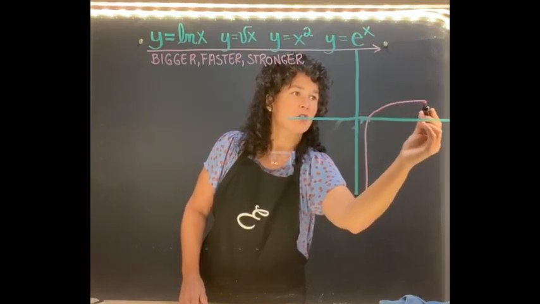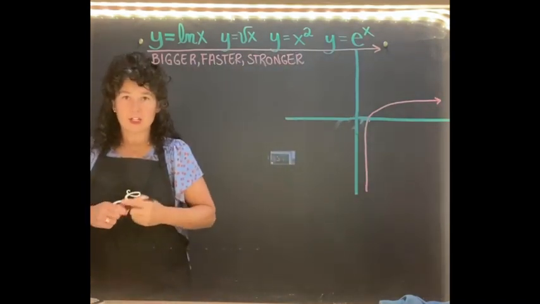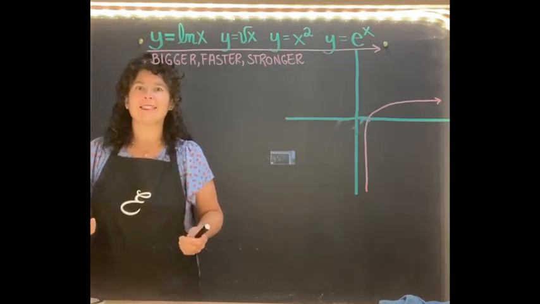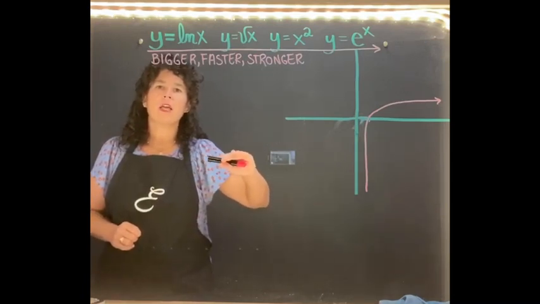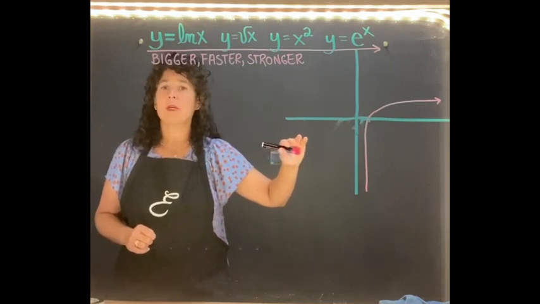But as they curve over, they grow very, very slowly. I think of logs as the lazy logs. Yes, I'll get there when I get there. Will I ever get to a height of 2? Well, it's going to take me a really long time.